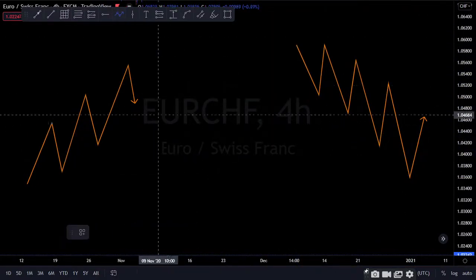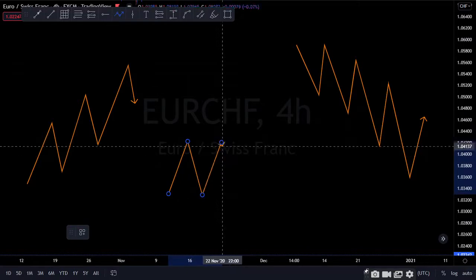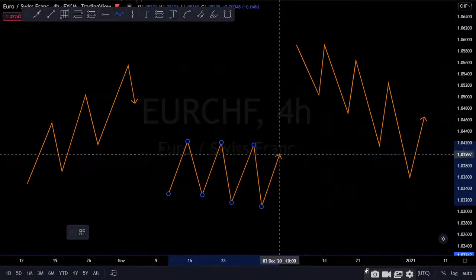Ranging moves like this. Okay, this is how a ranging market moves.